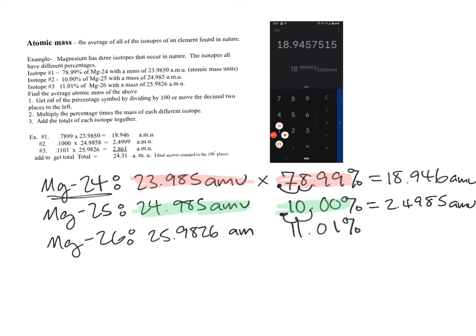Always need your units. And you do the same thing once again for the last isotope. So we'll do 25.9826 AMU times 11.01%. But first, yet again, we have to change that from a percent to a decimal by scooting over 2 spots.